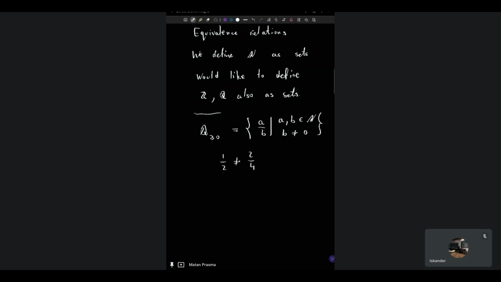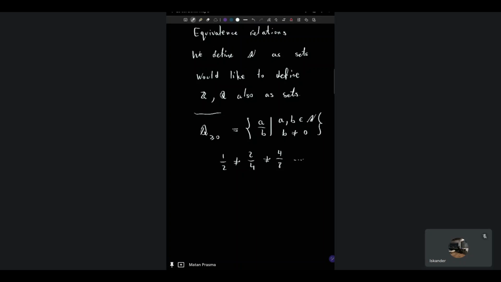I mean, if I'm just using this A over B as a formal symbol, then before doing anything, 1 over 2 is different than 2 over 4, which is different than 4 over 8, and so on. So I would like to have an operation that identifies formal quotients that I want to consider to be the same.